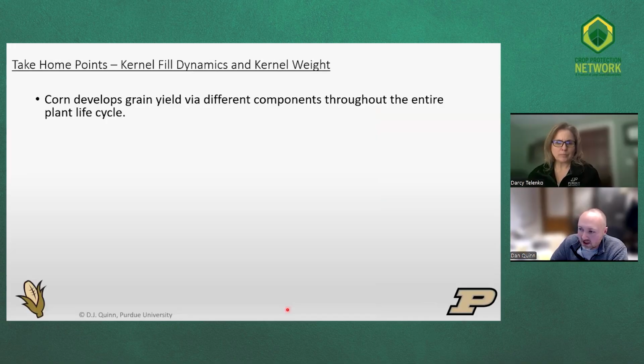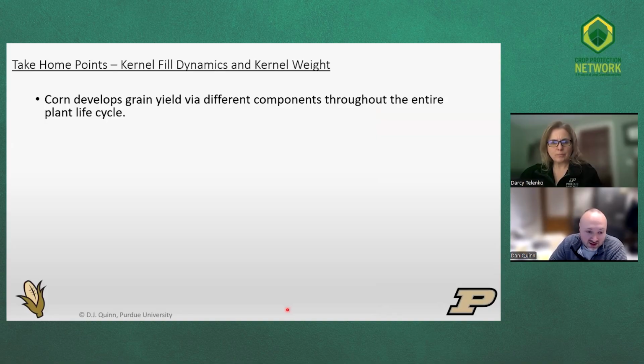So just some take home points on this research trial. One, the first thing is that corn develops grain yield via different components throughout the entire plant life cycle. I always stress with folks that yield is not made at one day or one point in time during the growing season. There's a lot of components and aspects to it.